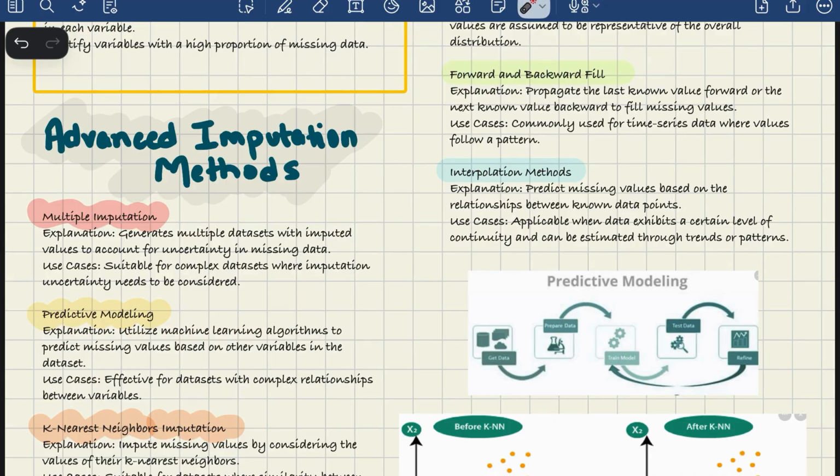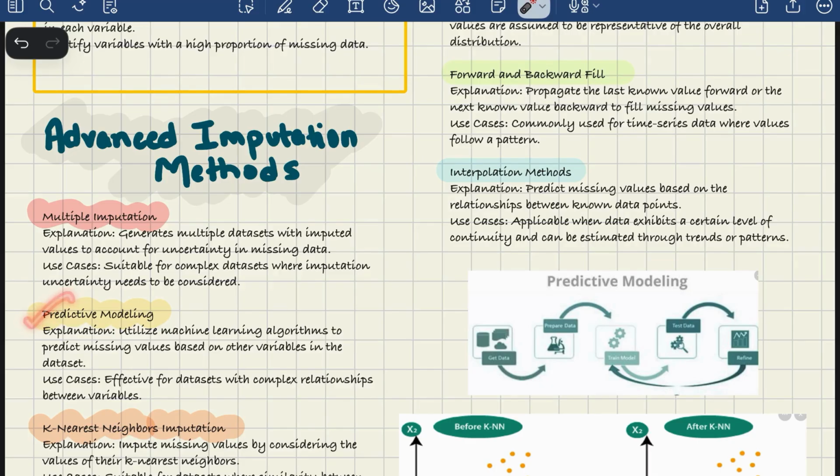We can also have multiple imputation, which generates multiple data sets with imputed values to account for the uncertainty of missing data. When we have a complex data set where imputation uncertainty needs to be considered, in that scenario we produce multiple data sets.